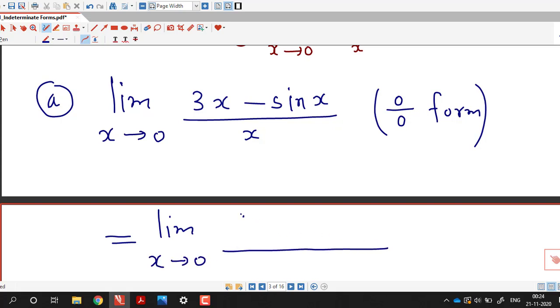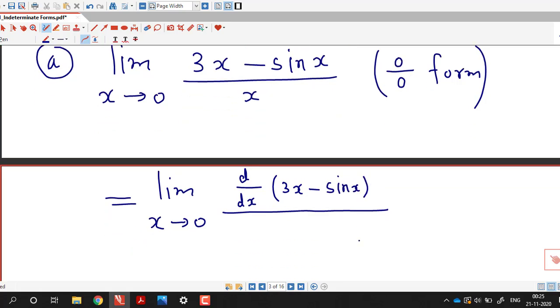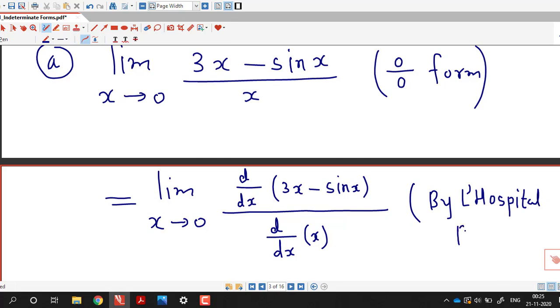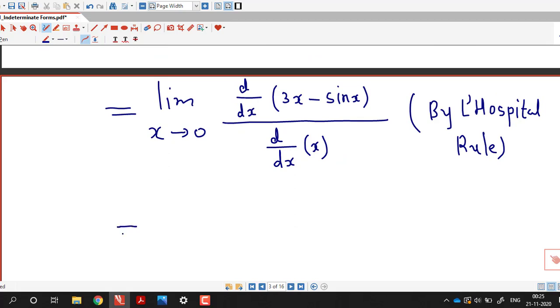So in the numerator I will write the derivative of 3x minus sin x, and in the denominator I have to write the derivative of x. So this is by L'Hospital rule. We have to mention in the bracket whatever result we are applying. Now you must be familiar with derivatives of standard functions.